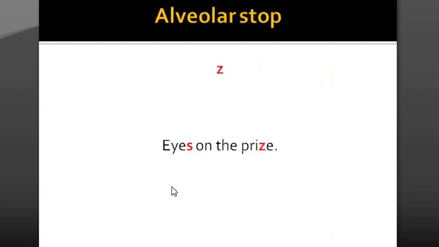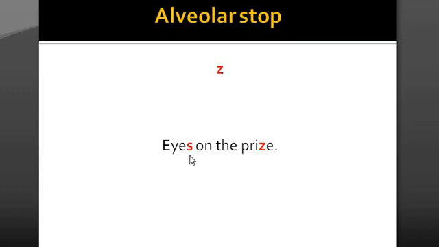Okay? Now, you know some letters, you know some words with letter Z, maybe like zoo or zebra. Some words with letter S also make the Z sound. So we'll learn more about that later. But for now, you have a word here, eyes. Eyes on the prize. Okay?